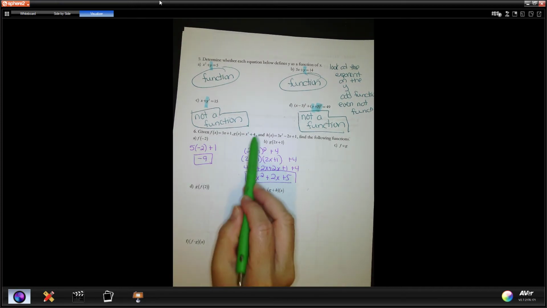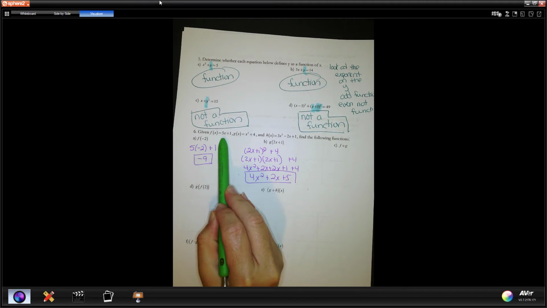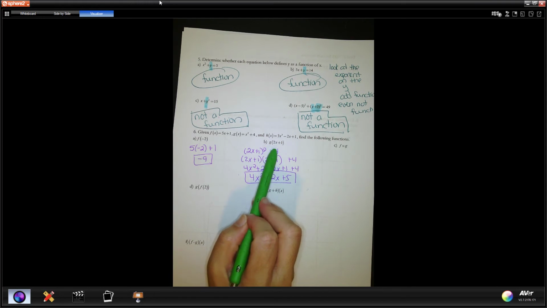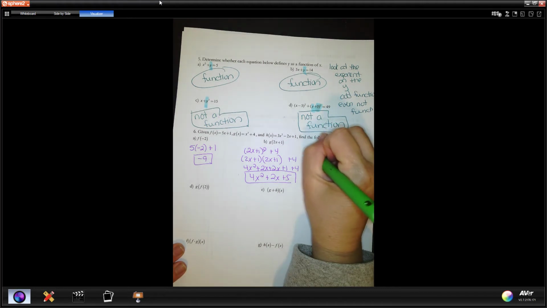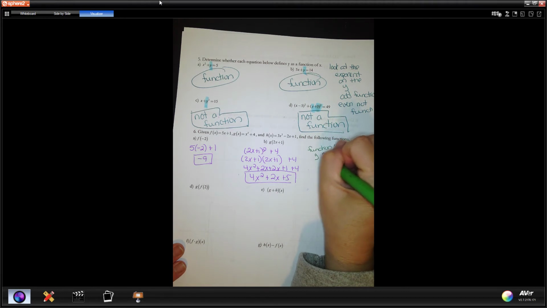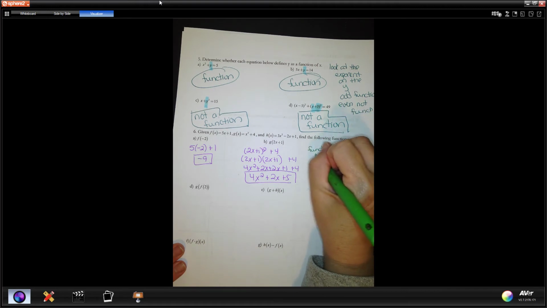And then one of the next couple I do want to make sure I do, and I guess I did do those. But f of g of x, that is saying we are taking function g, this whole function g, and plugging it in to function f. It really is very similar to this, with the exception of the notation. So this is saying function g goes into function f.